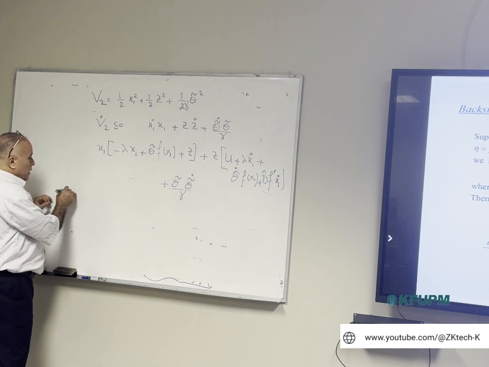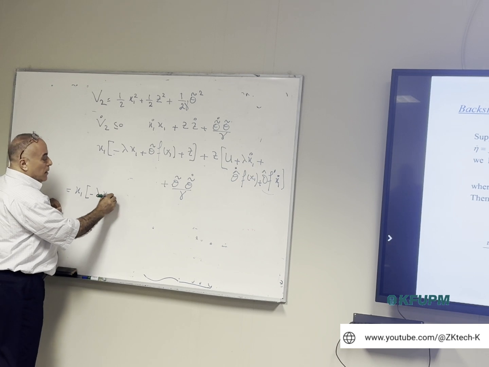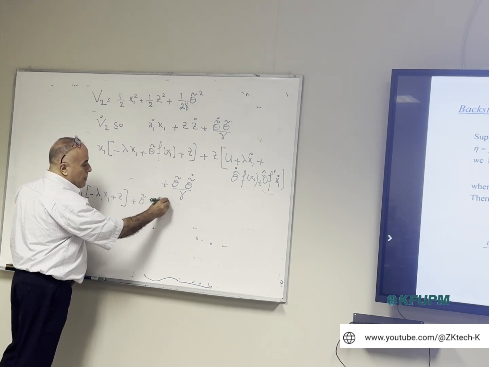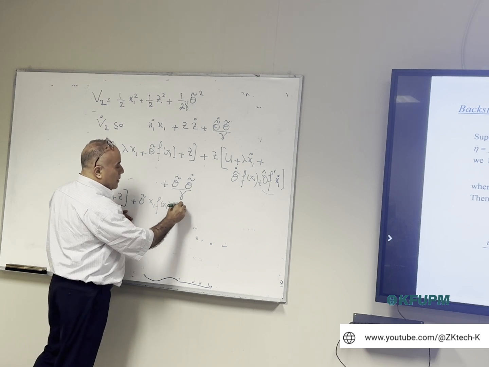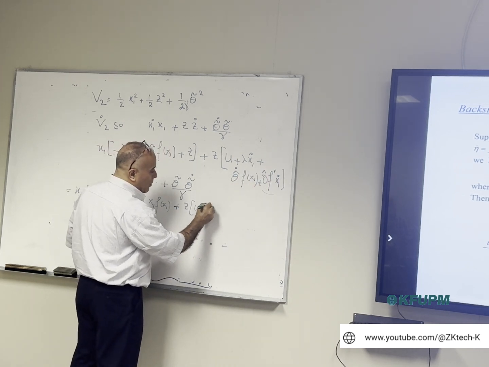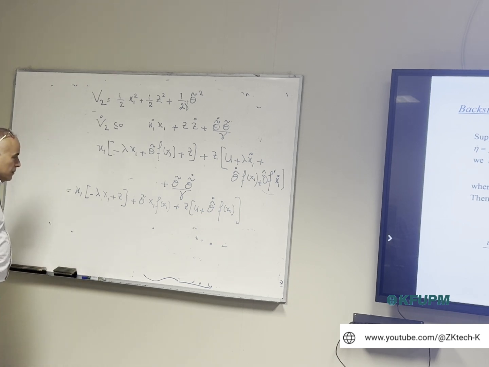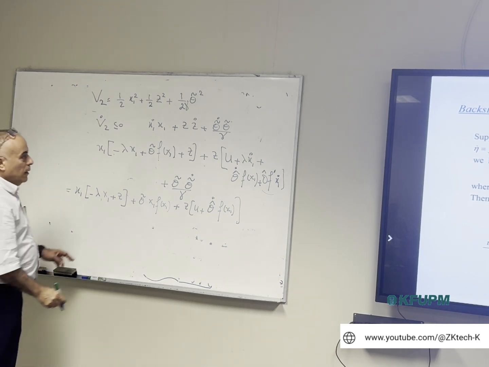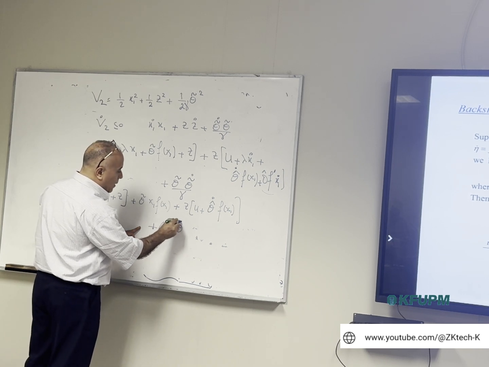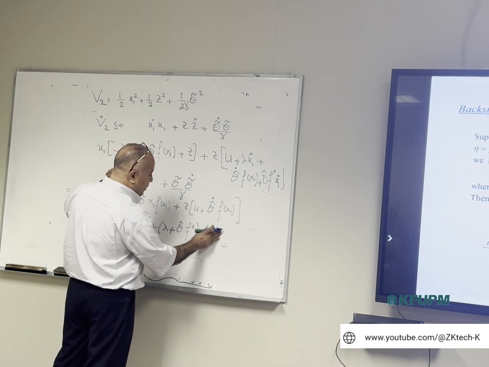So this will be equal to x1 multiplied by minus lambda x1 plus z, plus theta tilde x1 f of x1, plus z times u plus, I'm going to take x1 prime as a factor here, theta hat prime f of x1 plus lambda plus theta hat f prime multiplied by minus lambda x1, or x1 prime.